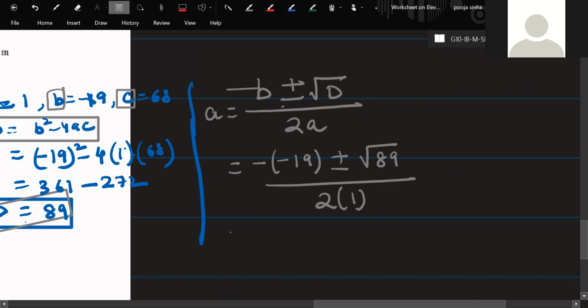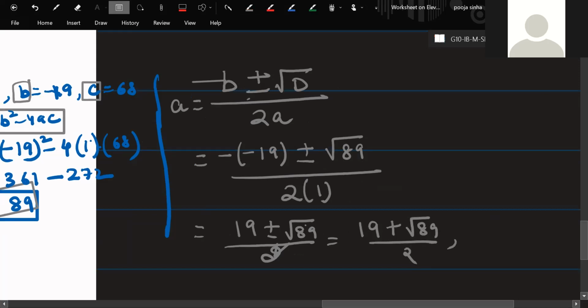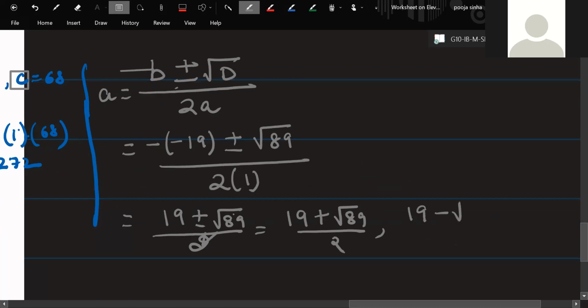So this is what you have to do. Got it? It becomes 19 plus minus under root 89 upon 2. Now we have to figure out the answer. We have to put it in the calculator. 19 plus under root 89 upon 2, and the other one will be 19 minus under root of 89 upon 2.